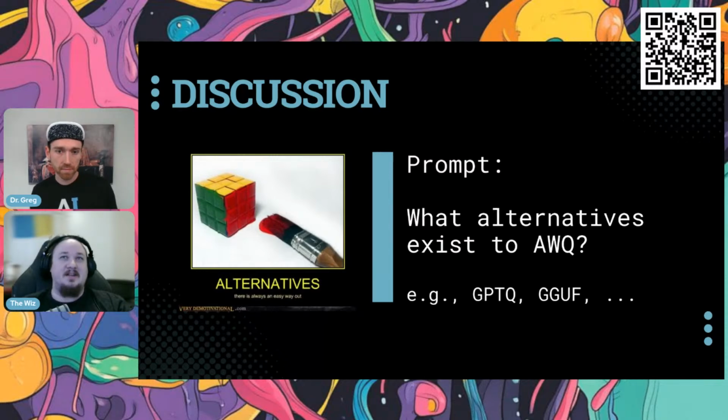The other thing is that, again, GPTQ is flexible. As new architectures come out, GPTQ is going to be the best first day quantization. And then GGUF is basically just a file format.